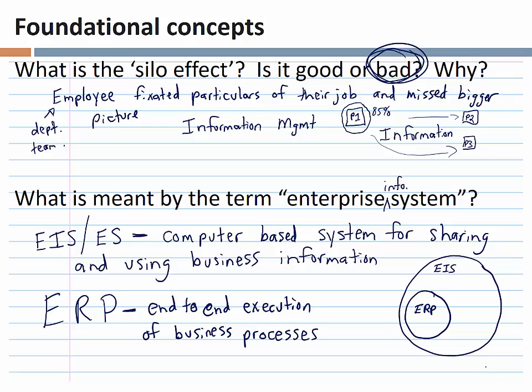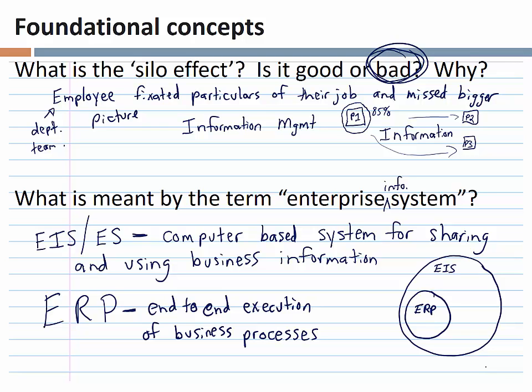Now, some ERP systems, such as SAP ERP, could execute thousands of different kinds of business processes. Some ERP systems are very narrowly focused. They might just be focused on, for example, human resources. But they can execute end-to-end every step in the employee hiring, the employee benefits, the employee termination process.